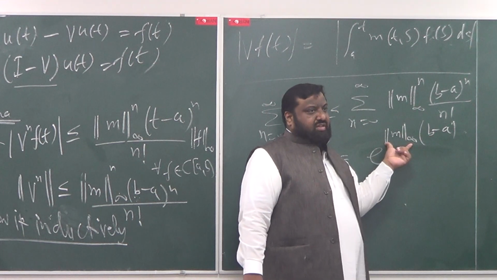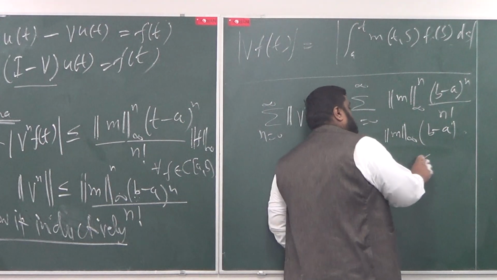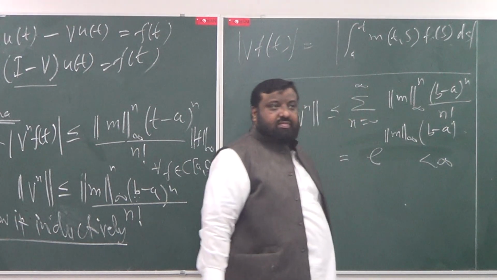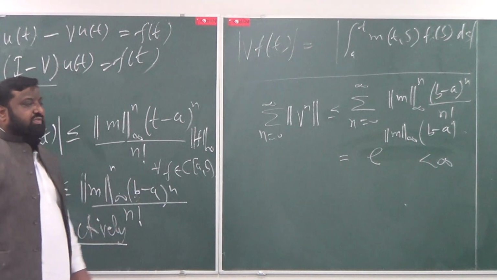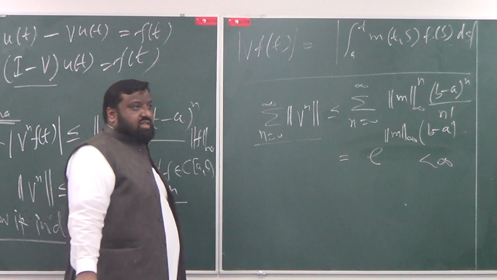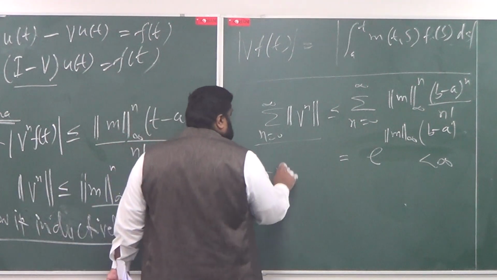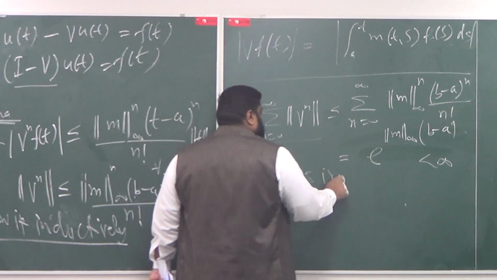Now is this finite? Yes, since M is continuous. So this series is finite. And if the series is finite, I minus V is invertible.